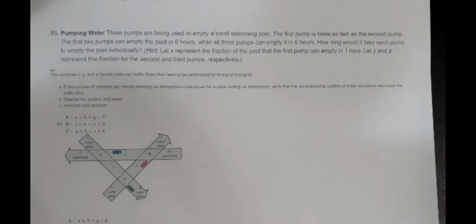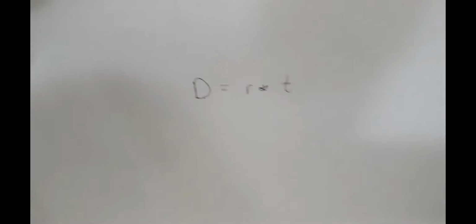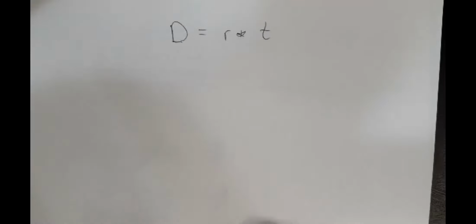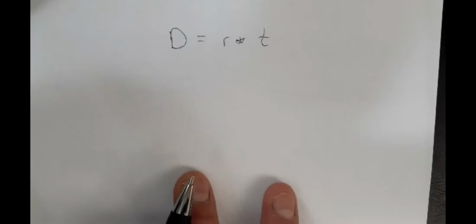So I think maybe I should say this before people start digging into this a little too much. If it says something like the first pump can empty the pool in 8 hours, or the first 2 pumps, whatever it says. Wow, this is complicated. Yeah, it's got a little bit to it. This is kind of like that rate thing, right?